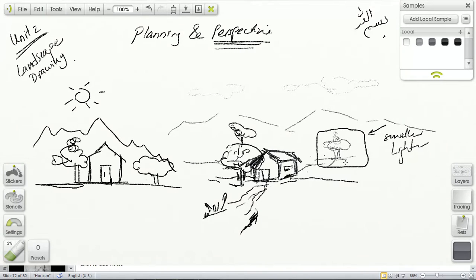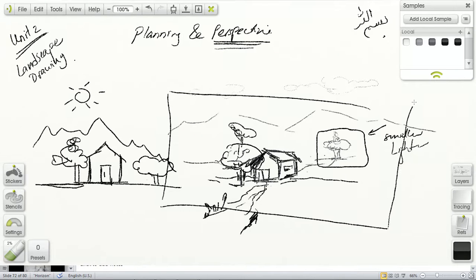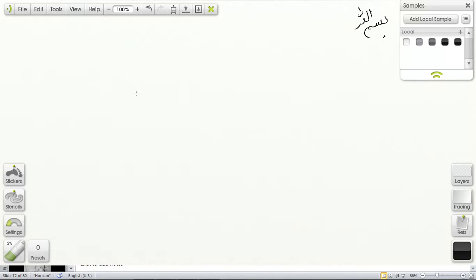Okay, so to do this, there's several concepts that we must understand. So this chapter begins with composition. Composition 2. In the last chapter, actually, we talked about composition before. Composition is kind of like the layout of the drawing, of the artwork.